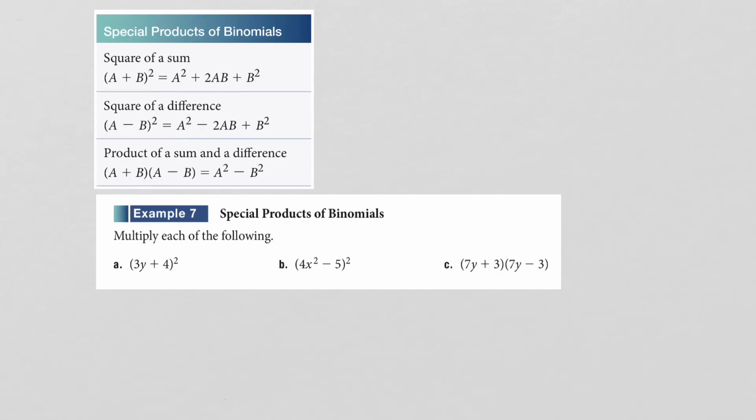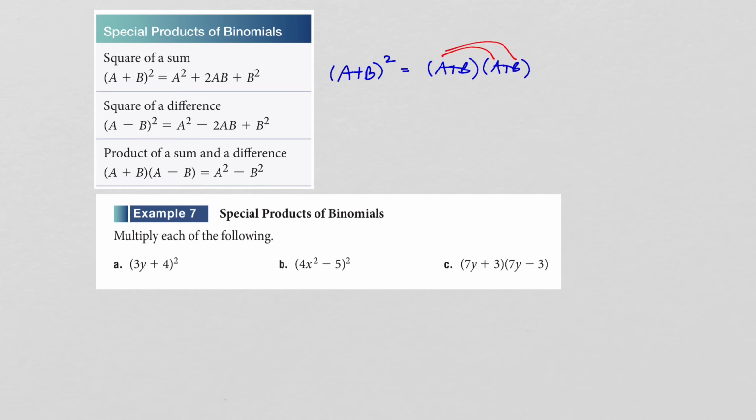In the last part of this section, we're going to look at special products of binomials. The first one is the square of a sum. So we have the sum a plus b, and we're squaring the whole thing. And when you do that, you get this. Now, you don't have to memorize this formula. This formula simply comes from the fact that a plus b squared means a plus b multiplied by a plus b.